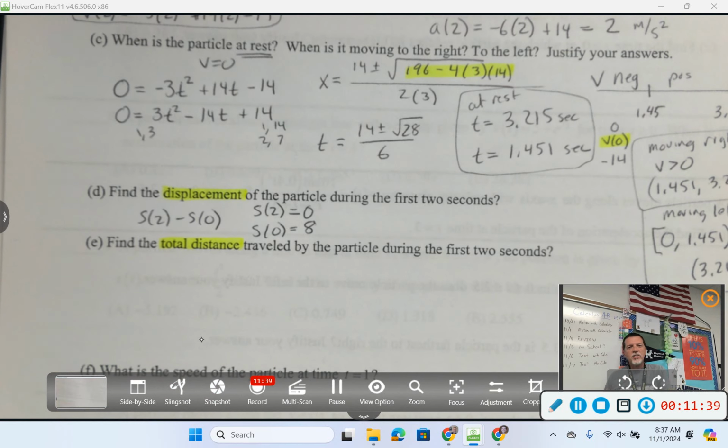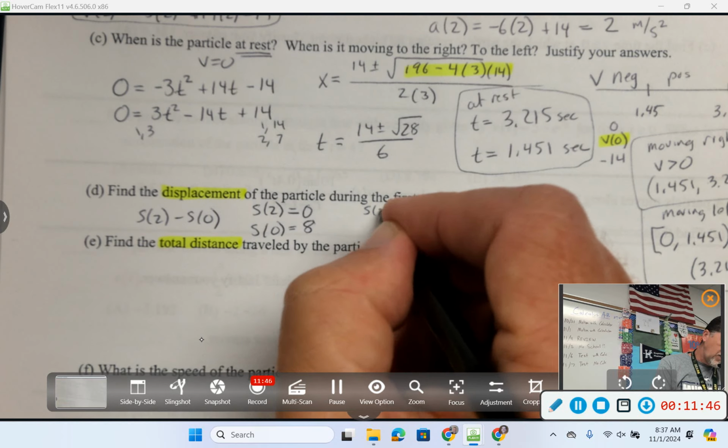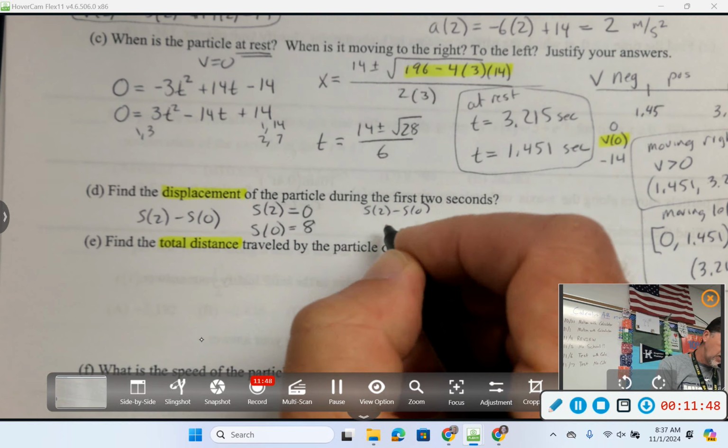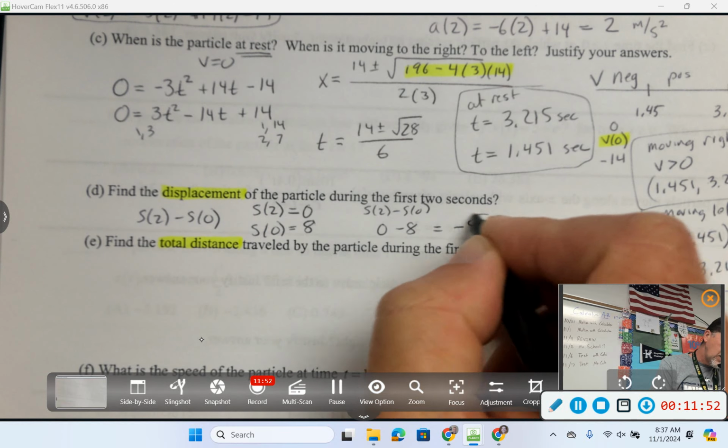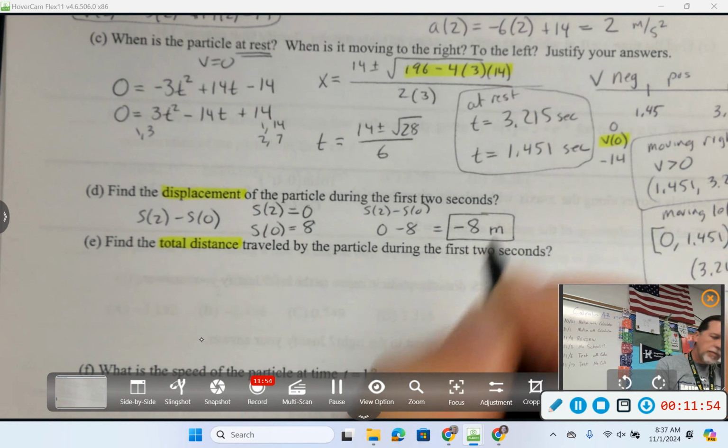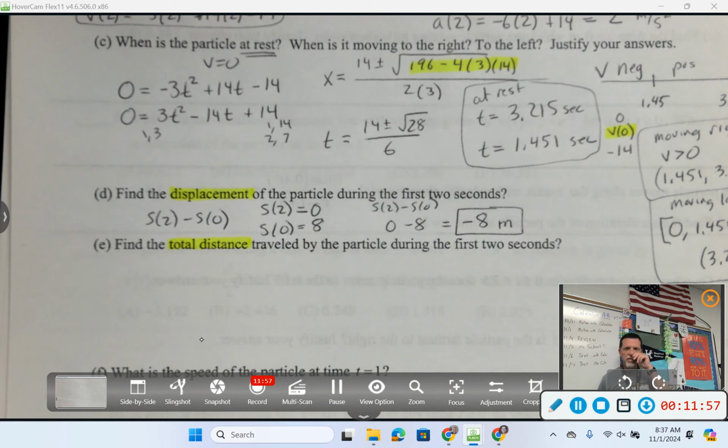So that means I started at 8 and I ended at 0. So S of 2 minus S of 0, 0 minus 8 is negative 8. Started at 0, went backwards, so yeah, negative 8.